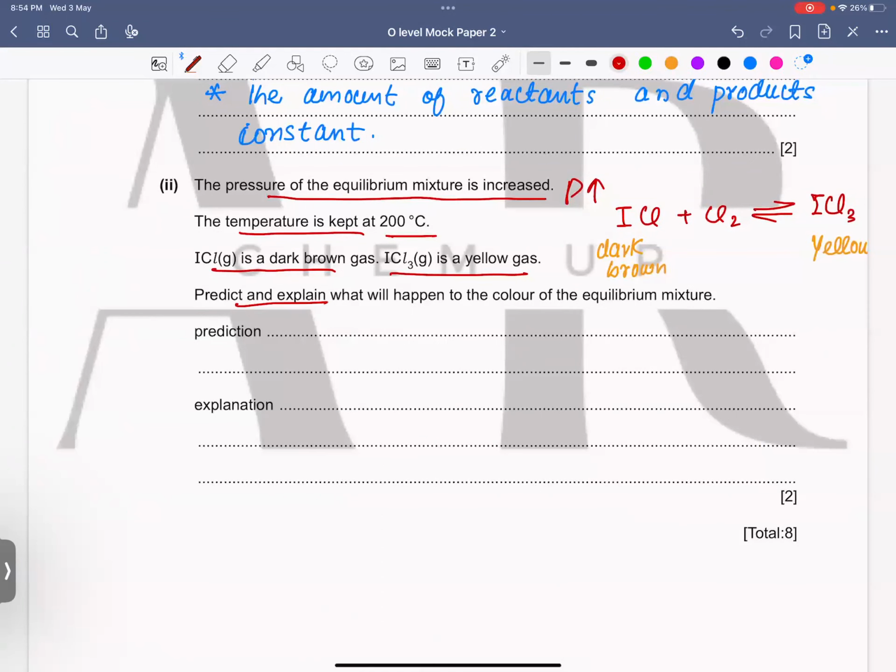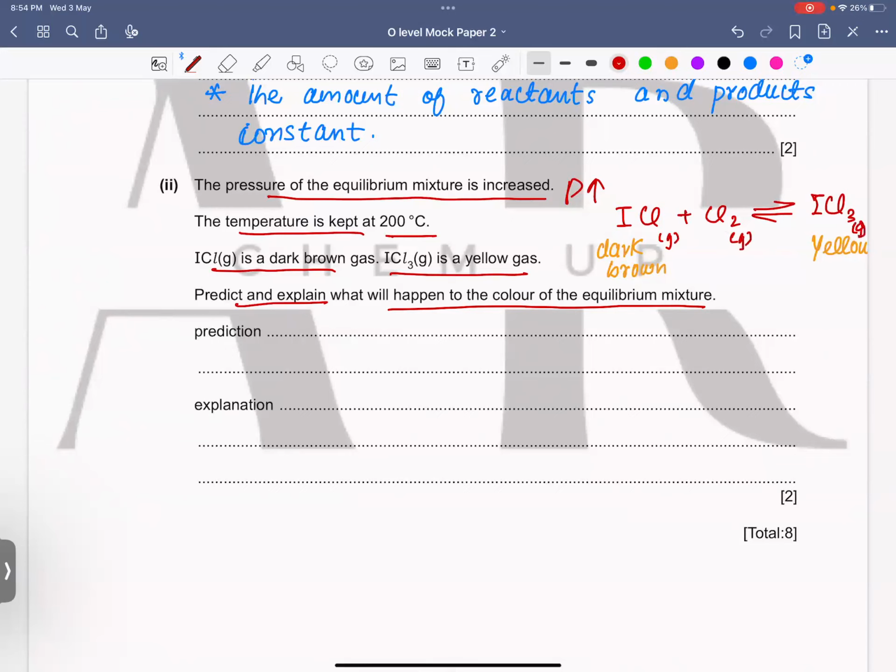What they are saying: predict and explain what will happen to the color of the equilibrium mixture. Okay, so what would be the prediction? So where would the equilibrium shift? Yes, very good. Where the fewer moles of gases are. So all are gases.